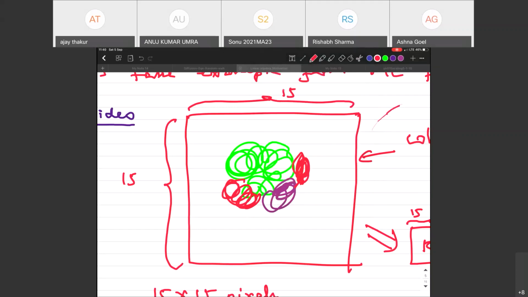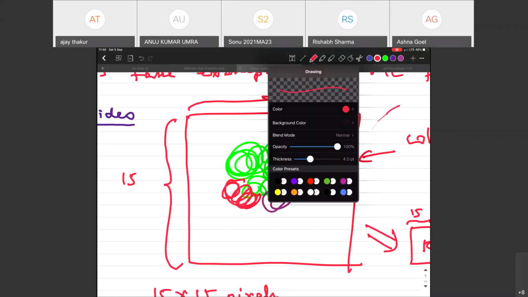Some portion is like this, and some portion is very thick.